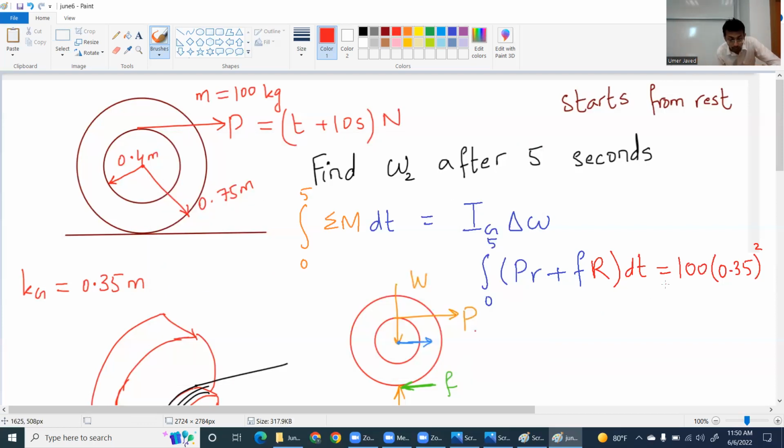Okay, now I will write. Did I miss omega, by the way? I think there is omega here as well. So I will write bracket omega 2 minus 0. That is omega 1. So last but not least, I will call this my equation.